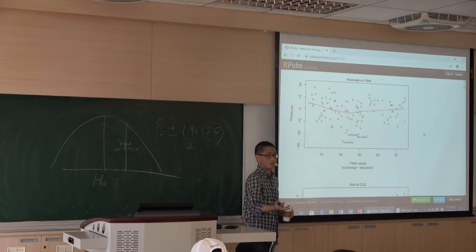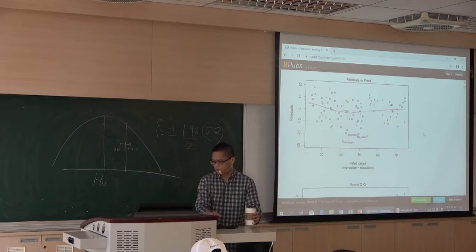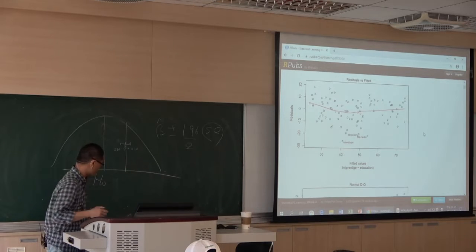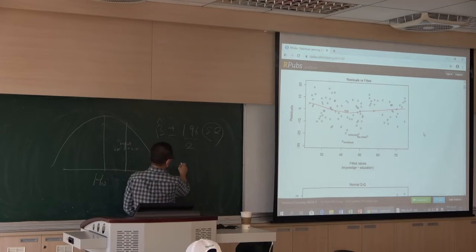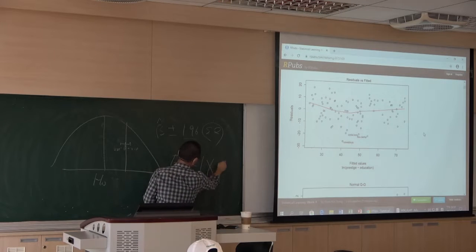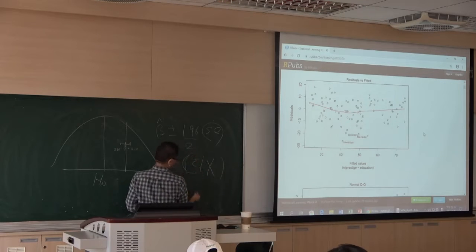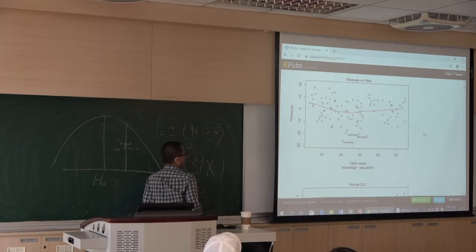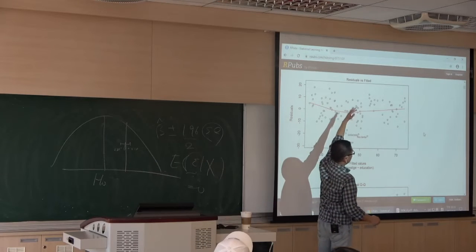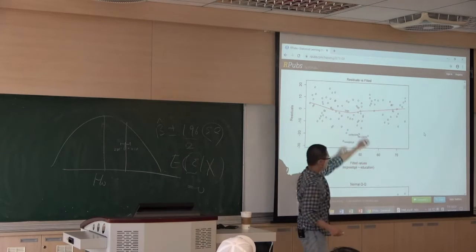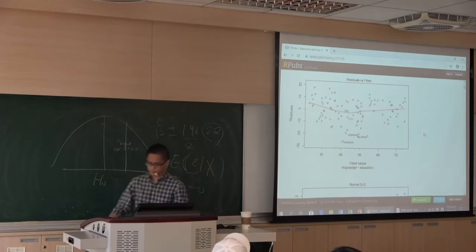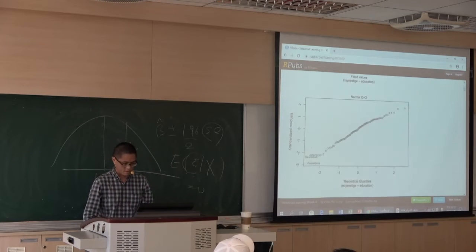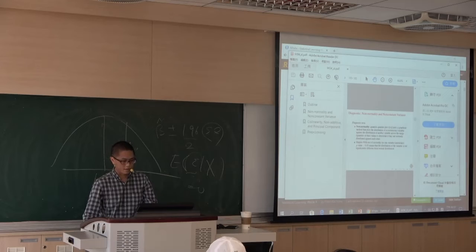You should have a 0 conditional mean. That's why the zero conditional mean comes in. The expected value of the error conditional on the explanatory variable should be 0. So they should be fluctuating around these 0 values.